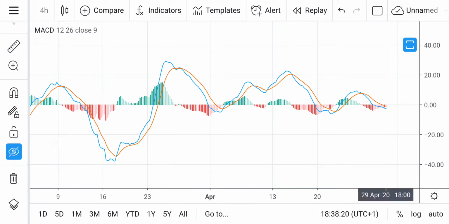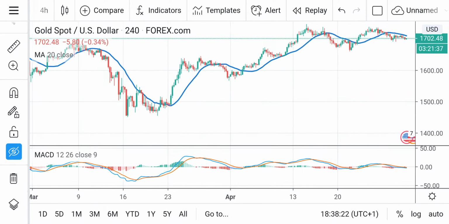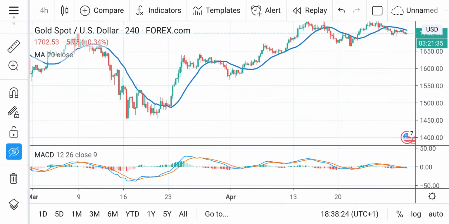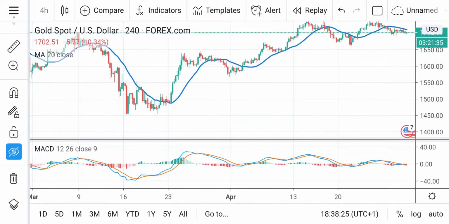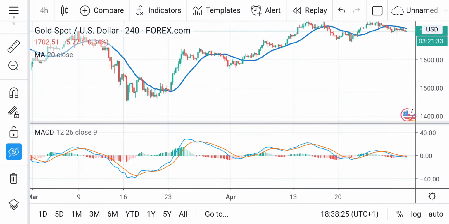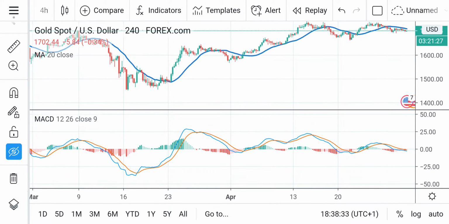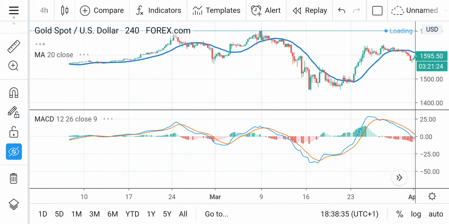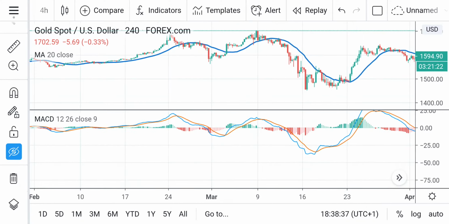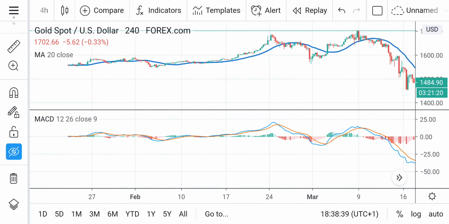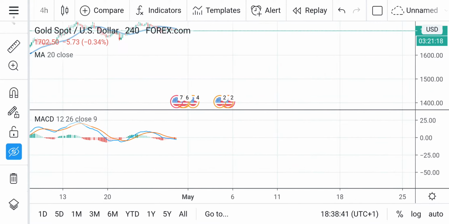So how do you combine this with price charts? How do you combine the MACD? Okay, let me talk about how you can use the MACD to know regions of high volatility and low volatility.